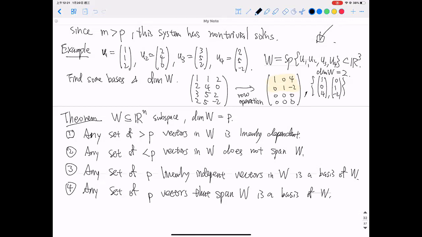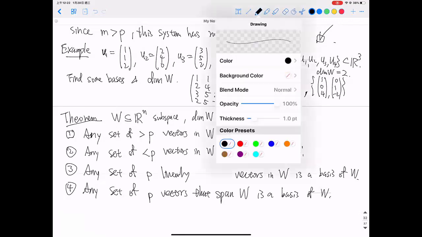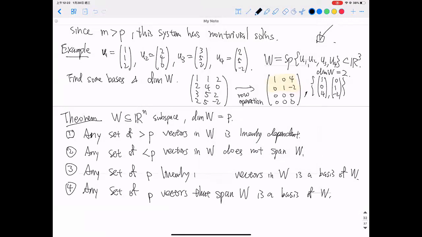For example, for 3 and 4, previously the proper definition for being a basis required that your vectors are linearly independent and spanning.